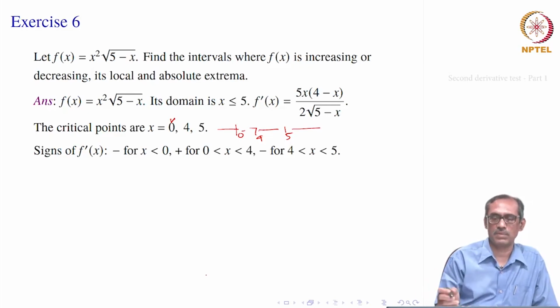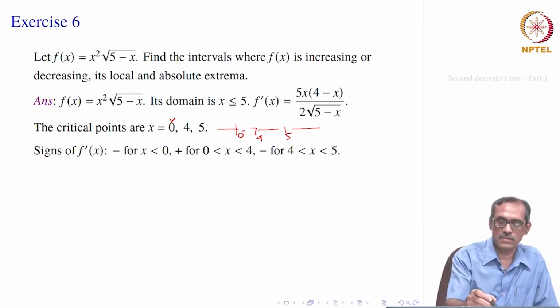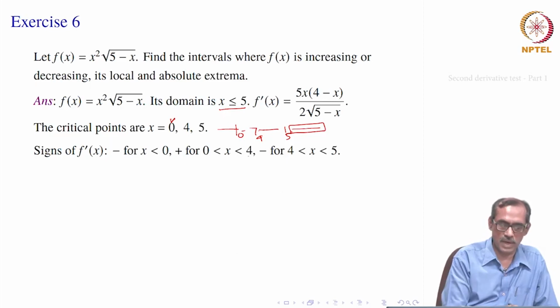Now, f prime is negative for x less than 0, positive for 0 to 4 and negative for 4 to 5. After 5 we do not have anything, because the function is defined only for x less than or equal to 5. So, that is how the signs of f prime(x) are.